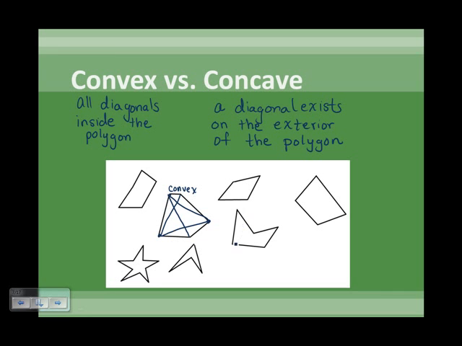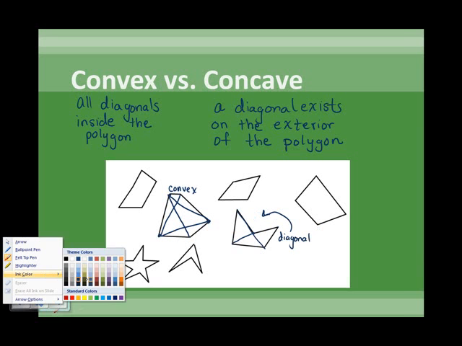Whereas if we were to take this guy, this diagonal is on the inside of the polygon, this diagonal is on the inside of the polygon, but this diagonal right here is on the outside, it's not on the inside. And I want to do that diagonal in a different color actually to make it stand out a little bit more.